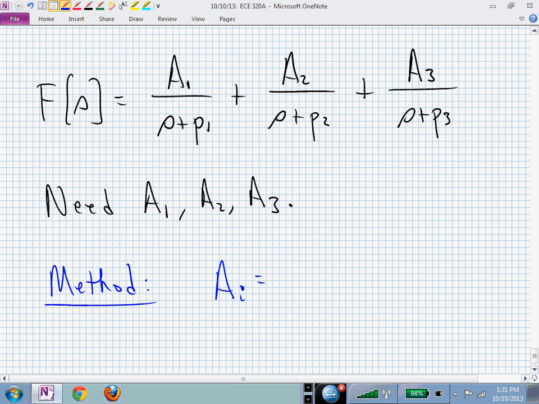In this case, if I wanted A sub 1, I would multiply everything by S plus P sub 1. And in particular, I'm multiplying the left-hand side by that. That's going to cancel that same factor in the denominator of F of s. And then I evaluate it where? Where that factor vanishes, which is the value of s equal to minus p sub I.